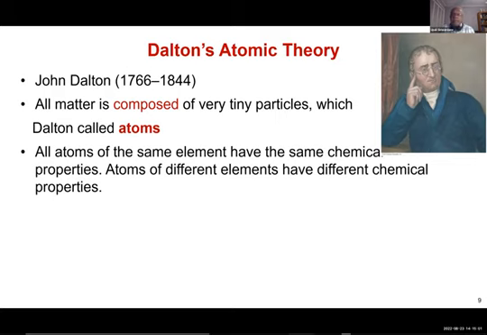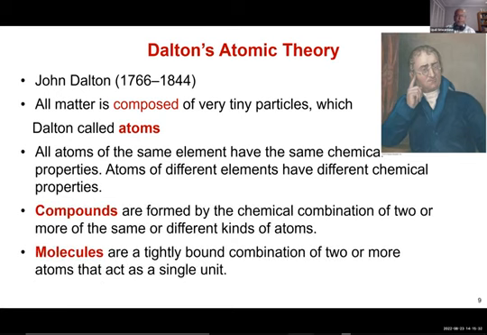All atoms of the same element have the same chemical properties. Atoms of different elements have different chemical properties. Now, we have about 118 different elements in the periodic table. One element has the same properties for all its atoms, and different elements have different chemical properties.